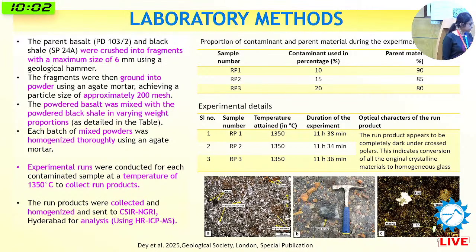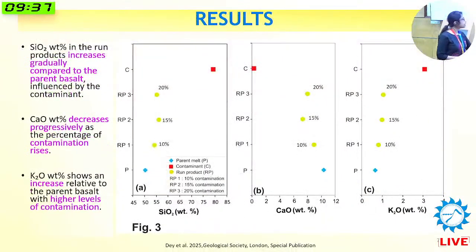This next table is showing the exact duration and the temperature of the different experimental runs to which these samples were subjected. And after the experiment was done, we collected the resulting glass, homogenized it and sent it to NGRI for the analysis. When the result came, it showed that these oxides, SiO2 and K2O, are increasing with increasing degree of contamination, but CaO is decreasing.